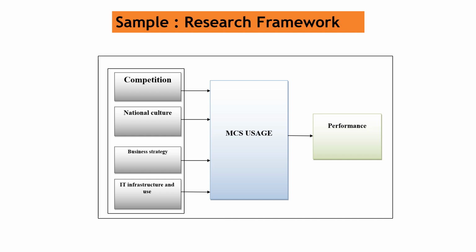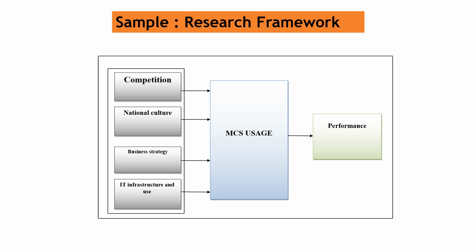So from this, the student can develop at least 4 hypotheses. Maybe from this, the student can develop at least 4 objectives of the study. Maybe objective number 1, the student is interested to test whether competition will increase the level of management control system among companies.